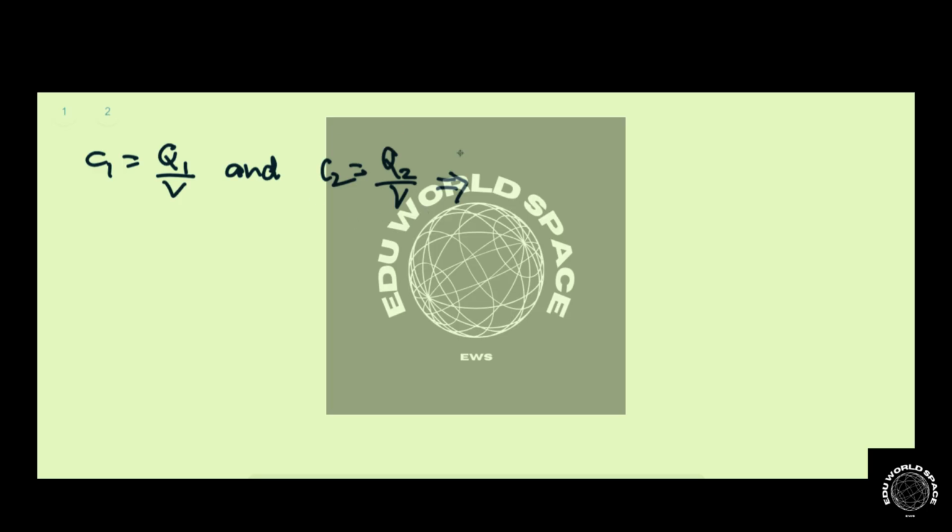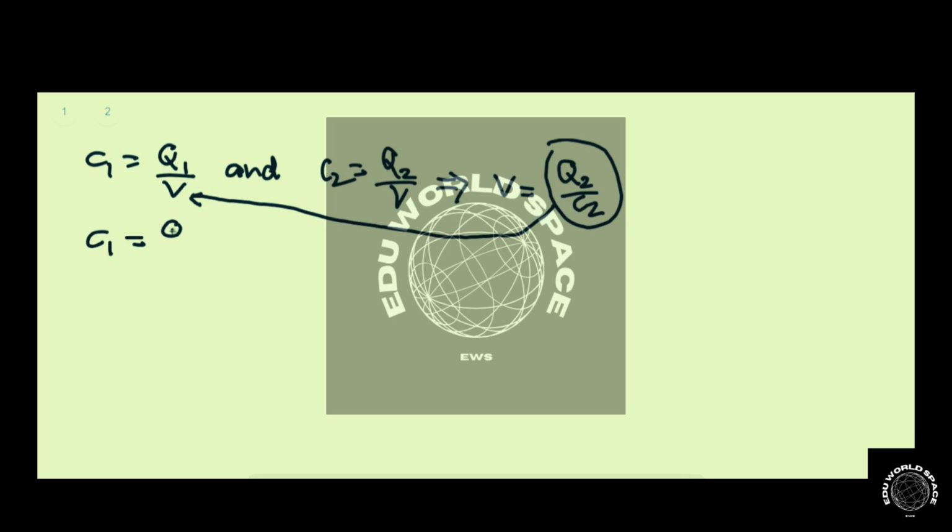Let's eliminate V from this equation, then substitute into this equation. So V from here is Q2 over C2. Then we take this and put it into this equation, so that we have C1 is equal to Q1 over Q2 divided by C2.